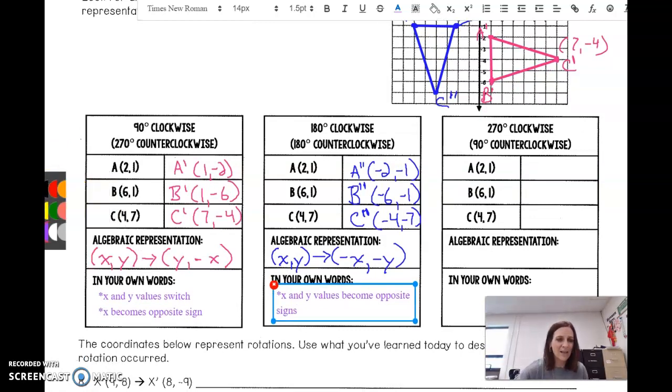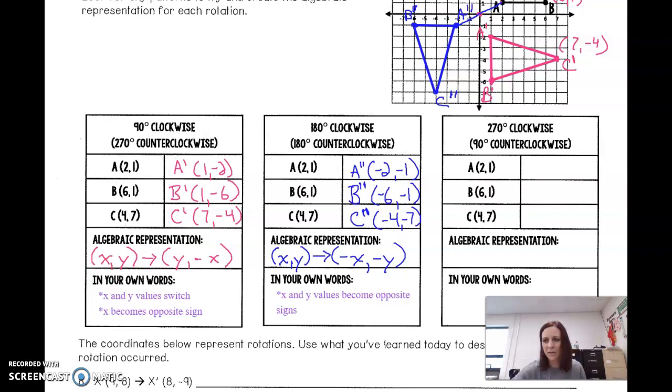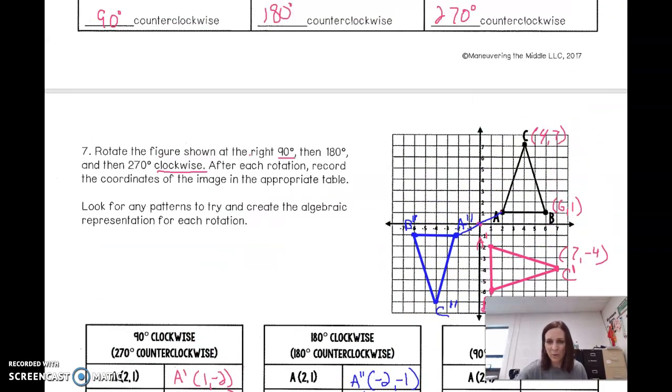All right, and then finally, let me get a new color here, green. We're going to rotate this either 270 degrees clockwise or 90 degrees counterclockwise. So we're using that same thought here, creating that 90-degree angle. I'm going to call this A triple prime, and then B. Oh, let me get B right here.